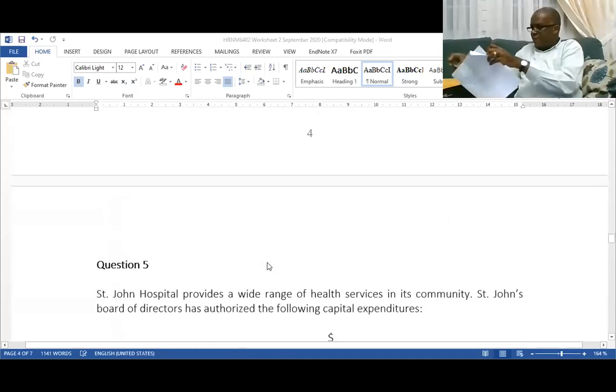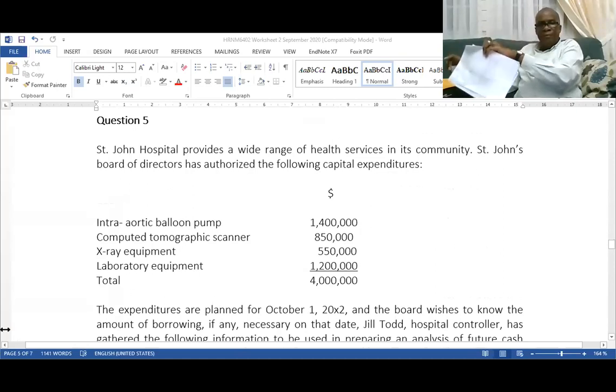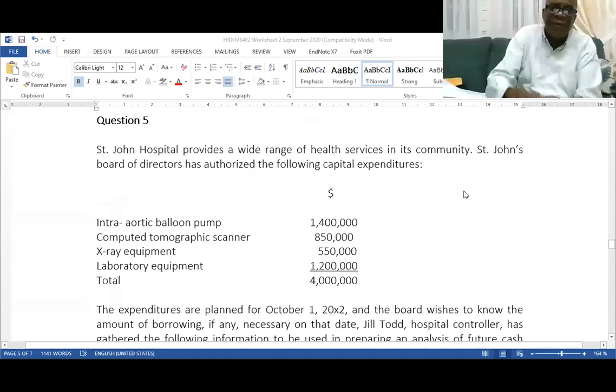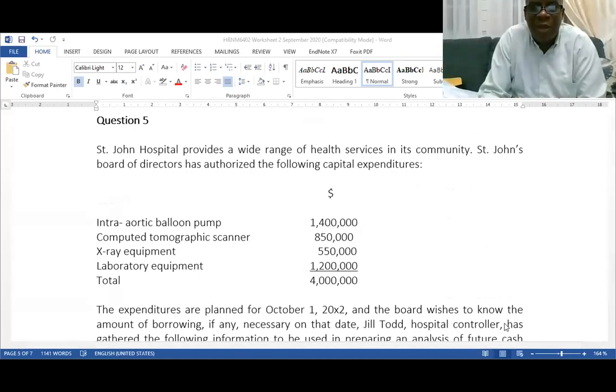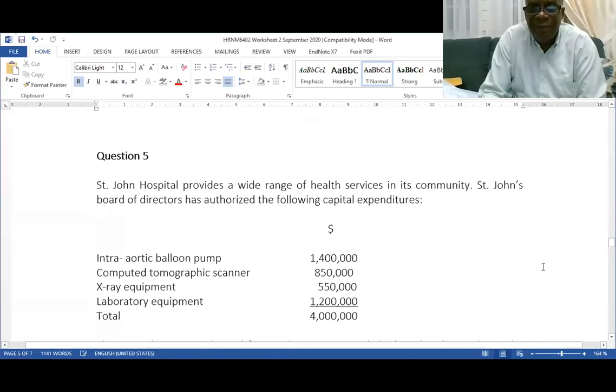St. John Hospital. I think it's okay, sir. Question, yes, question 5. So this is a question we're going to look at. I want you to do some work on it, play with the numbers, and we are going to discuss it next week. You have the working, and you have the question. So please let us do some work on it.